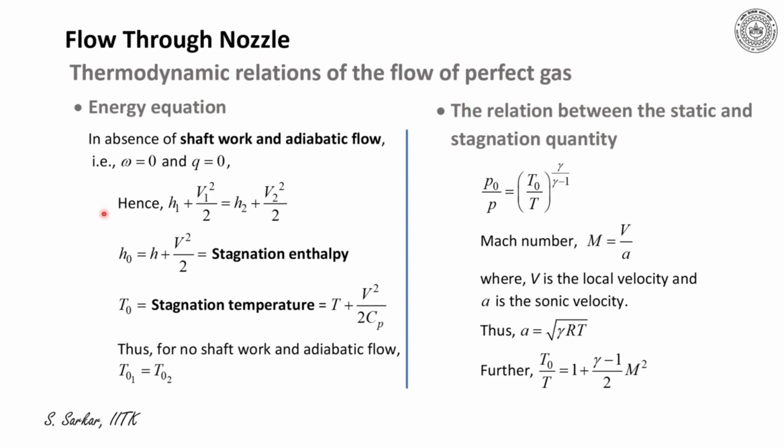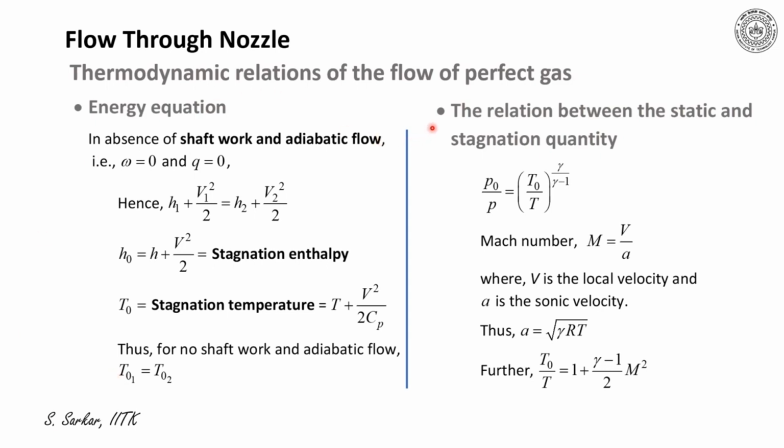Thus, in absence of shaft work and for adiabatic flow, I can write h01 must be equal to h02. And if we consider Cp is constant within the range, then total temperature at state point 1 must be equal to total temperature at state point 2, that is T01 equal to T02.